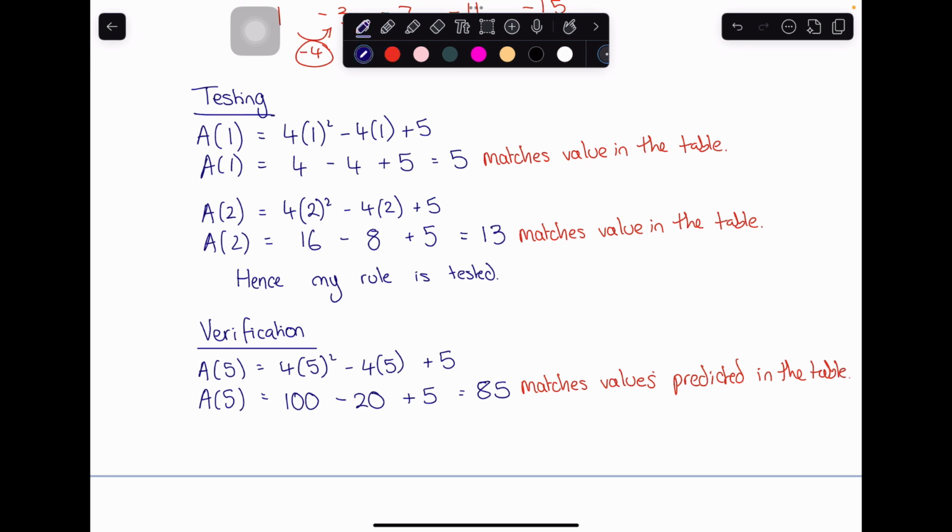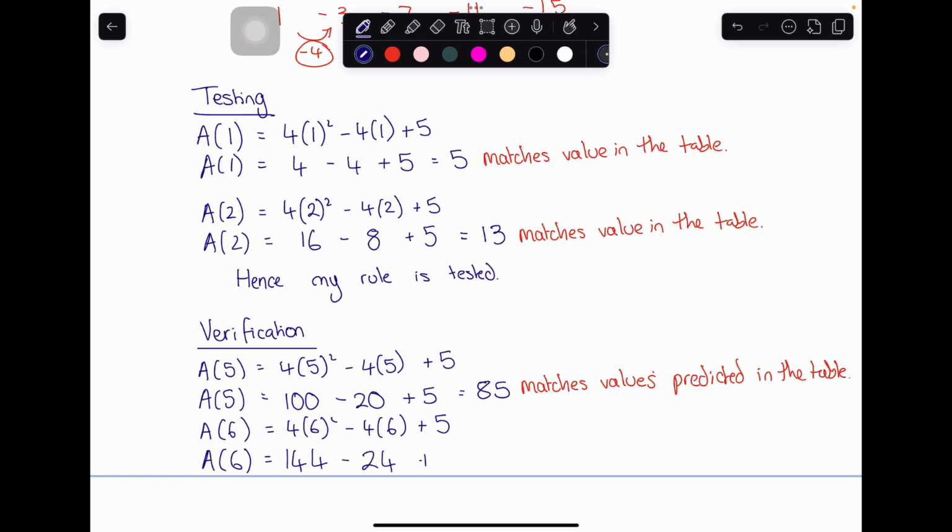Okay, and then we want to repeat this with a of 6. So 4 multiplied by 6 squared minus 4 multiplied by 6 plus 5. So 4 times 36 is 144.